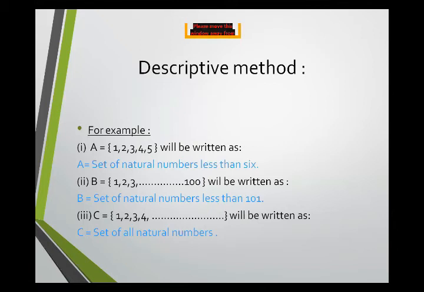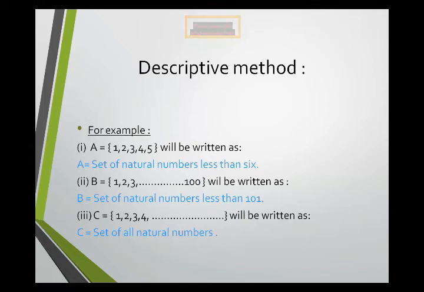We write C is equal to the set of all natural numbers. I again repeat, class, these dots in the set C is equal to 1, 2, 3, 4, and there are dots, show the counting must go on. So we write in the descriptive form, C is equal to the set of all natural numbers.